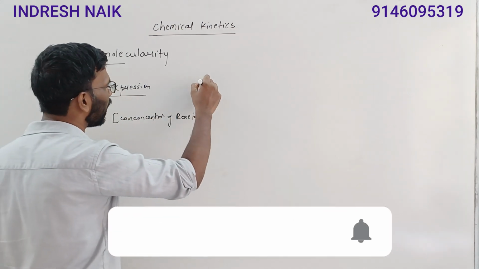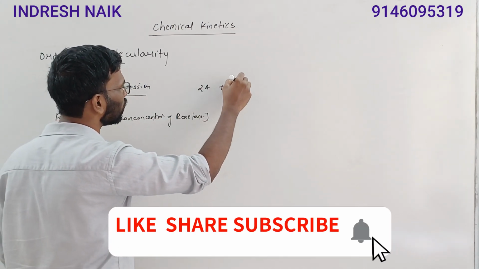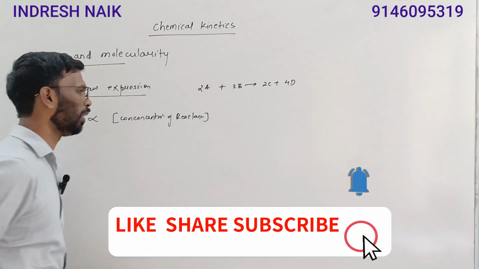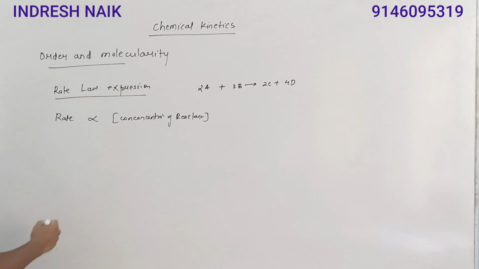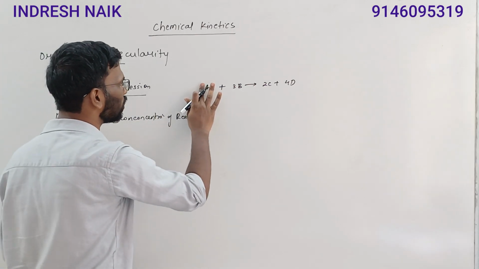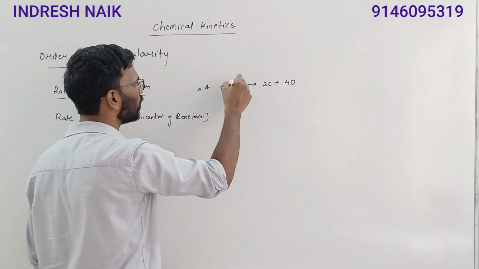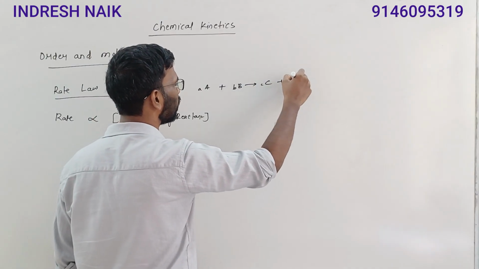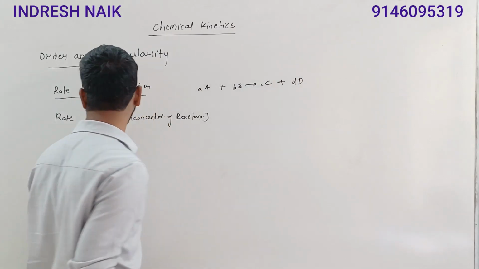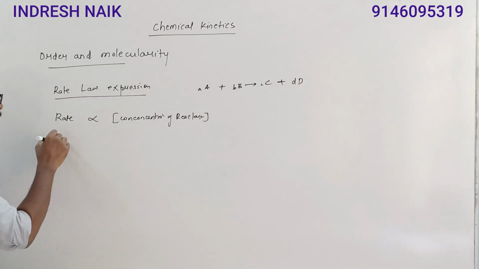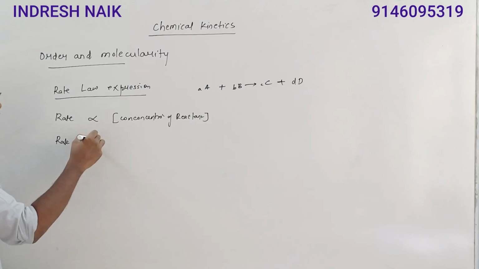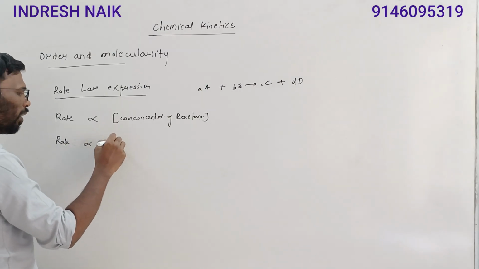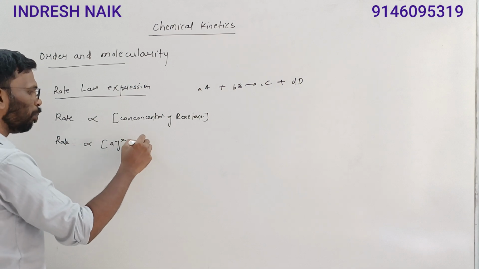Let's say there is a reaction 2A plus 3B giving 2C plus 4D. I'll write the stoichiometric coefficients as small a, small b, small c. For this, rate is directly proportional to concentration of A raised to x and B raised to y.